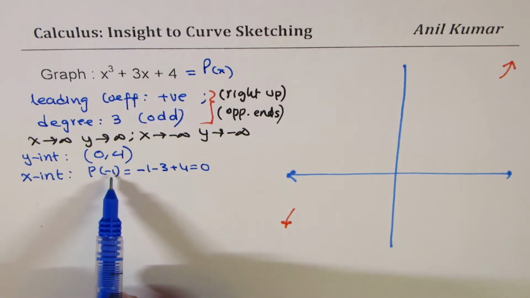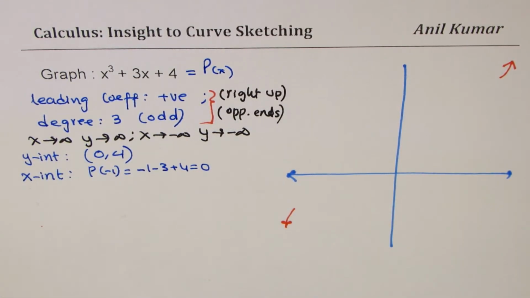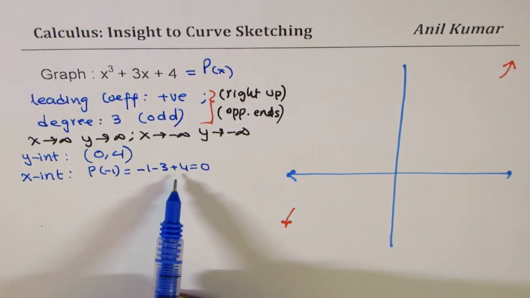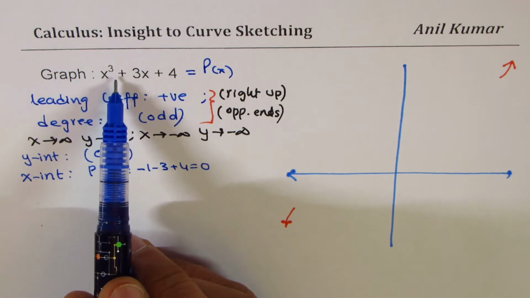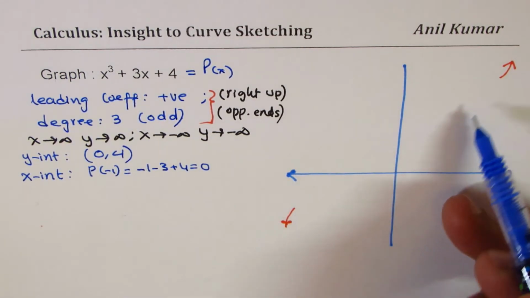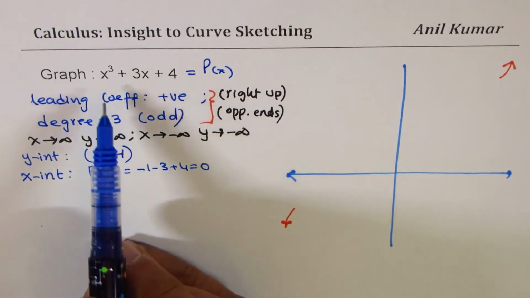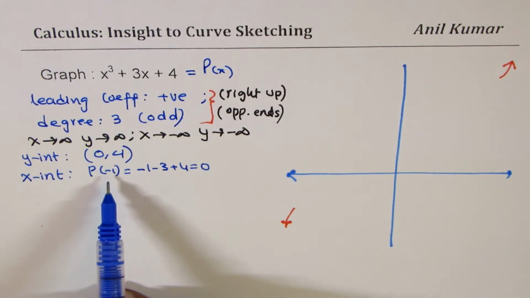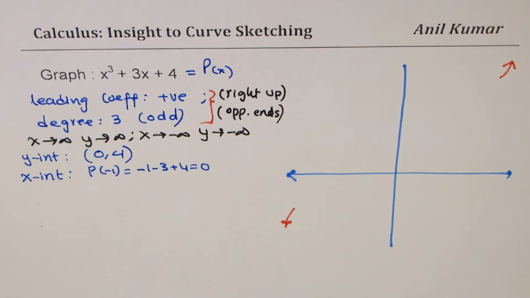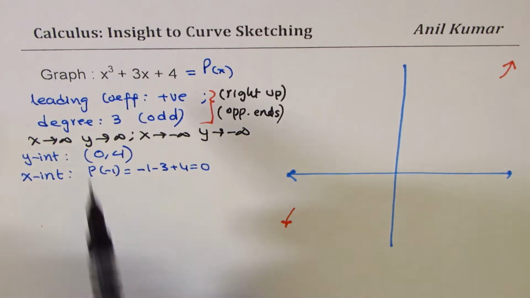Since we got that, we could try to find other x-intercepts. We could, but it is not necessary, since we got at least one. A cubic function is going from one end to the other, so it has to cross somewhere. For the time being, we'll just work with this one x-intercept. Now let's try to analyze the derivatives.